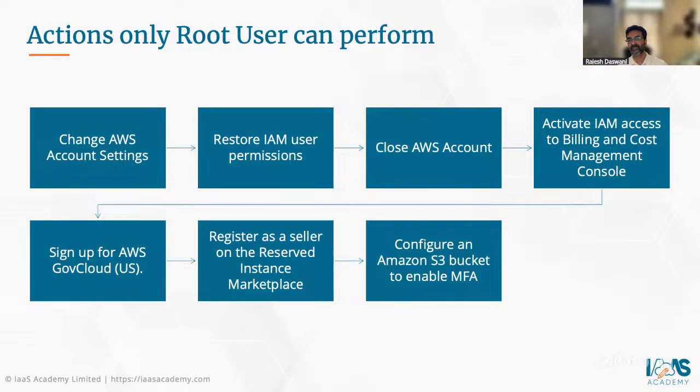Then it can give access to other administrators to view the billing and cost management console. Signing up to the AWS US GovCloud, registering as a seller on the Reserved Instance Marketplace, and configuring an S3 bucket to enable MFA are just some of the actions that only the root user can perform.